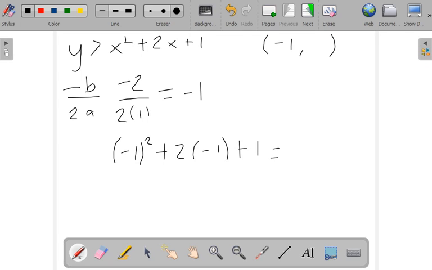And this will equal 0, right? If you were to work that out. So the y coordinate of our vertex is 0. So this right here is our vertex.